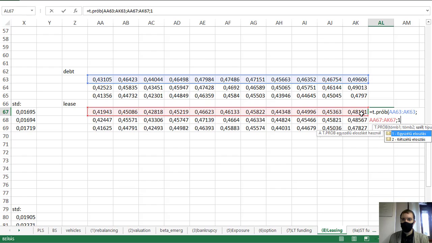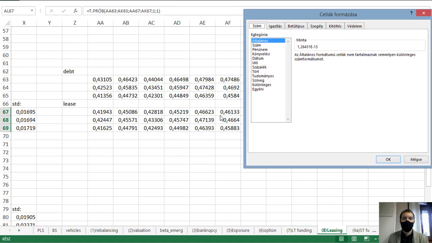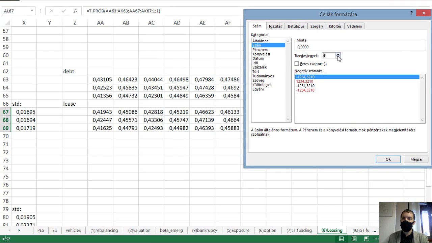It's only one tail because they are just positive numbers, and the variance was similar. Pairwise. Okay, and this should be a number.